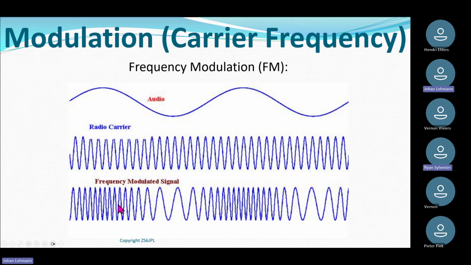Then it starts getting lower, lower, lower again. And when my audio signal has reached a minimum trough, my carrier frequency has also dropped to the lowest possible. Okay. So that's modulating the carrier frequency with my audio. I change the frequency of my carrier.